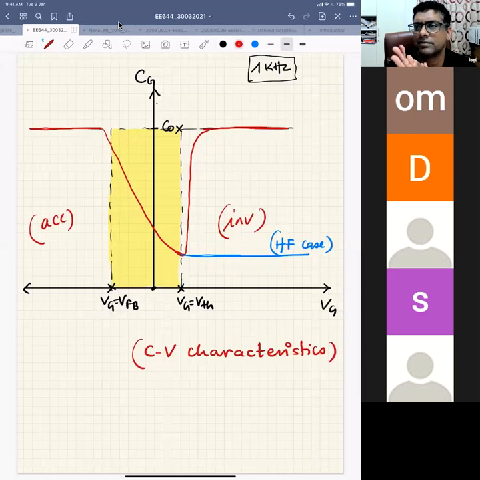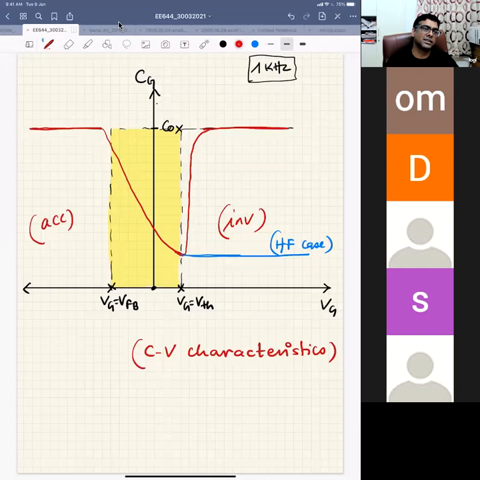Sir, in a MOS capacitor, if our capacitor is already biased in the inversion region, then even after perturbing, there will always be an inversion layer there. Yeah, but I am talking about delta Q inversion, not Q inversion. If I'm giving a perturbation, how is Q inversion changing? Q inversion changing means you have to have more thermal generation.